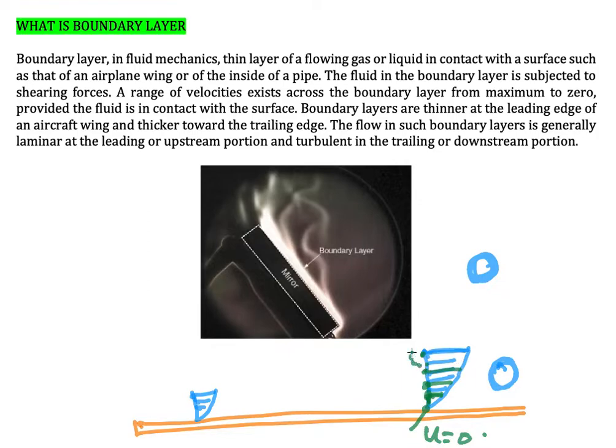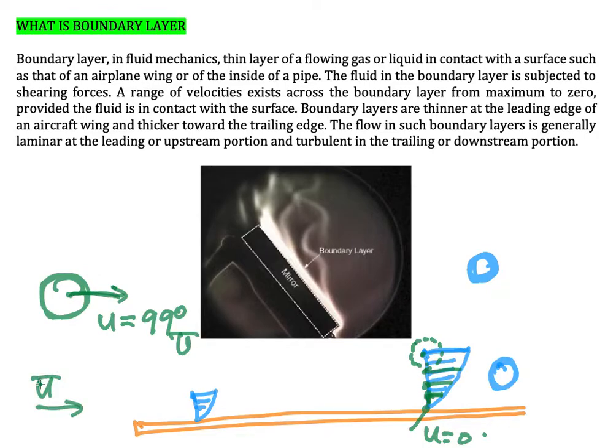At this area, for example, we have a molecule where u is equal to 99% of capital U. Capital U means the velocity that comes from left to right here before it touches the flat plate. And then the molecule next to it will have u equal to 100% of capital U.